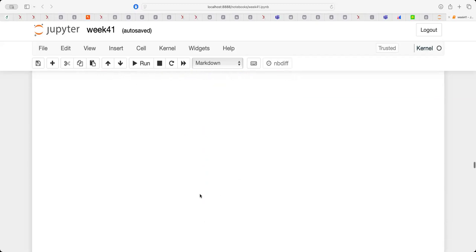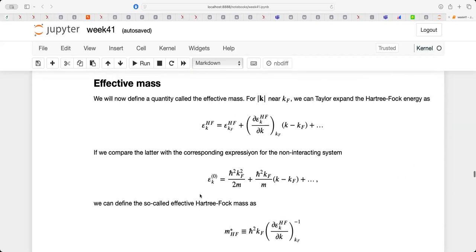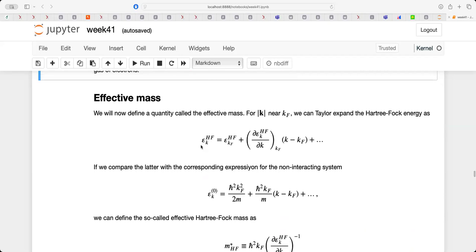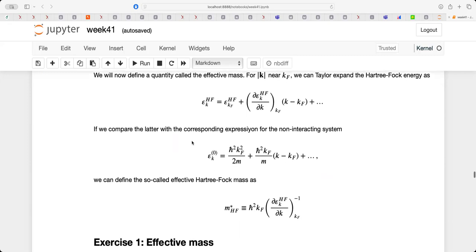Now, if you look at this, what you will have is an artifact. If you make a Taylor expansion for K near the Fermi level, you have the first derivative and then higher derivatives. If you look at the non-interacting system, it is pretty trivial. That has just the derivative of the kinetic energy.